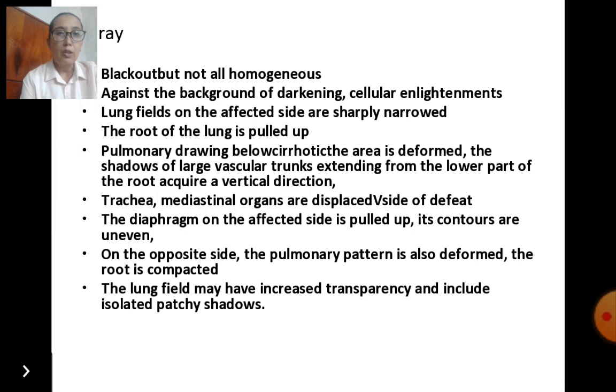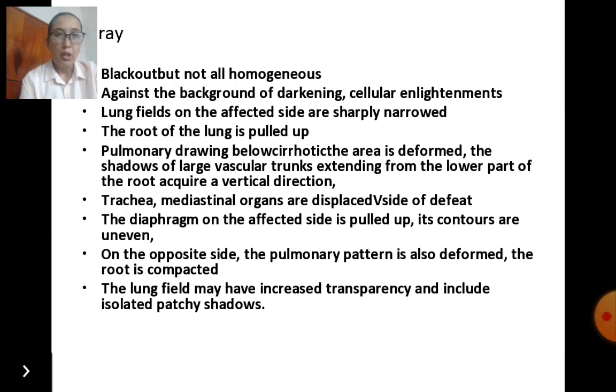The shade of a vesicle trunk extends from the lower part to the root in an equivertical direction. Trachea and mediastinal organs are displaced to the side of the lesion. The diaphragm of the affected side is pulled up. Its contours are uneven.